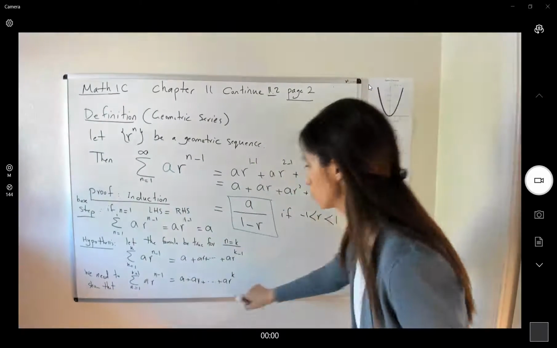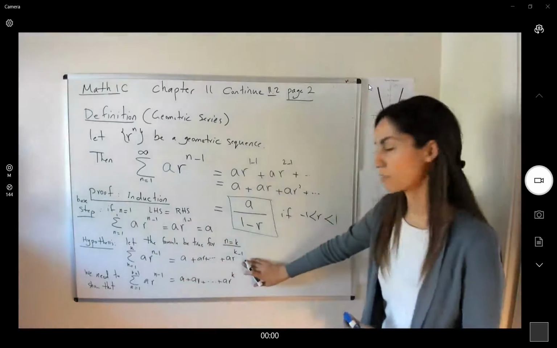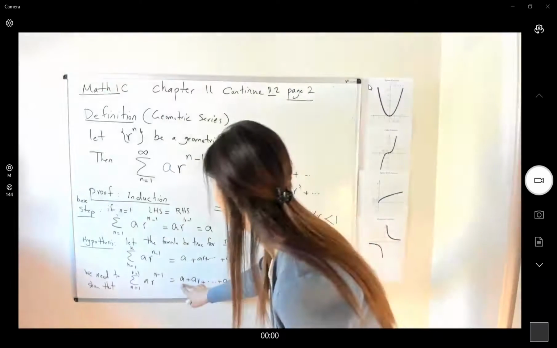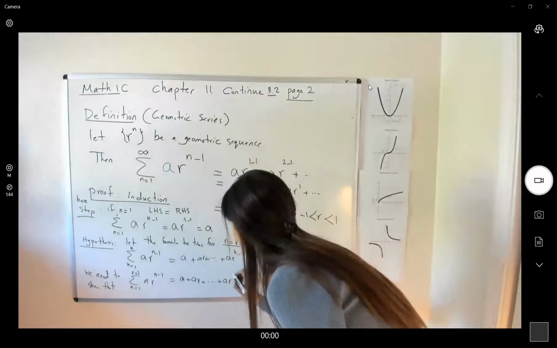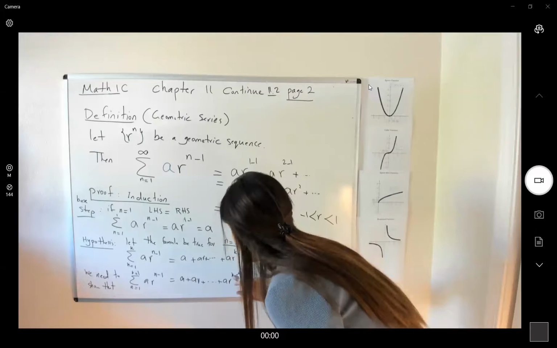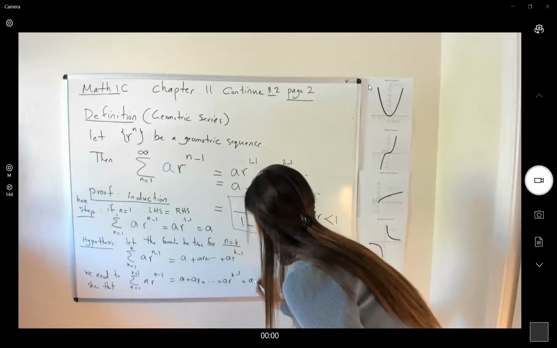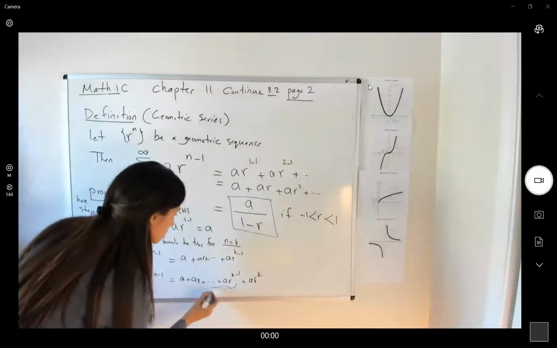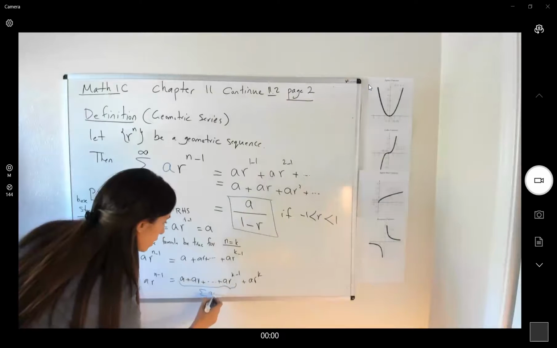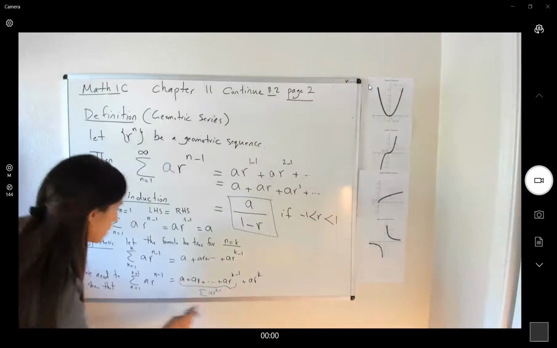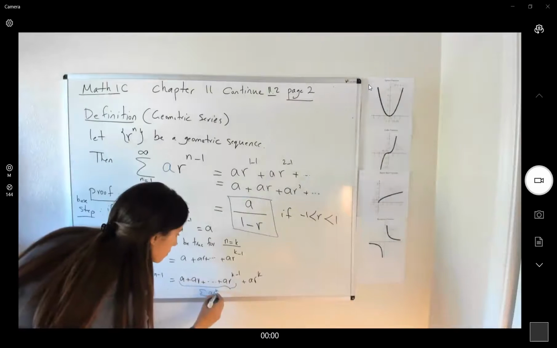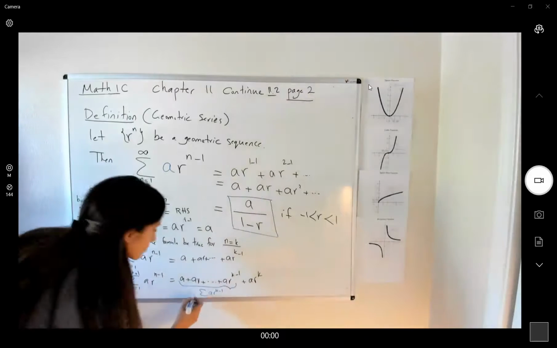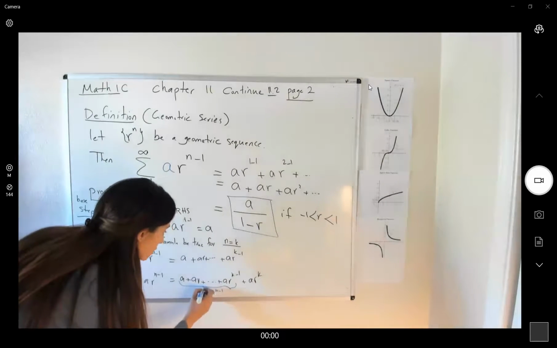Very well. So you have this equality. They are equal to each other. It means that if you take these terms before ar to the k, we can replace them by this sum, the sum of ar to n minus 1, where n starts from 1 and stops at k.